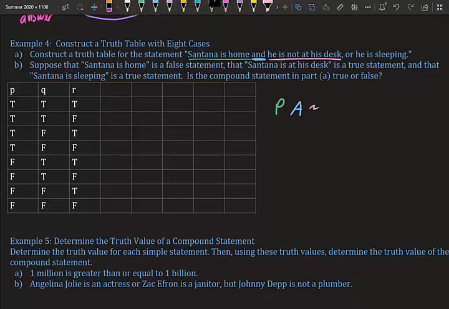Negation, I did it again, I always do the and symbol. Negation Q. We have a comma. So remember, the comma means parentheses. We have another connective, or he is sleeping. He is sleeping is a whole new object, so we have an R this time.